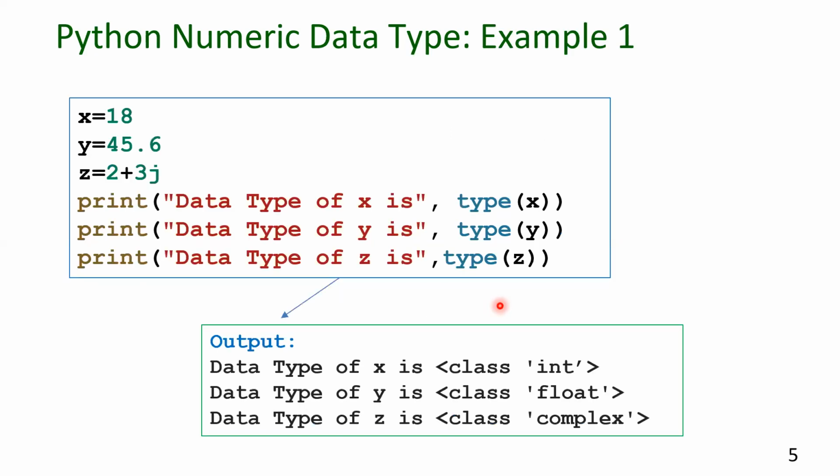Let us see an example of Python numeric data type. In this code snippet, the three variables x, y and z are assigned the values 18, 45.6 and 2+3j. In this, 18 is an integer data type, 45.6 is a floating point data type and 2+3j is a complex number.